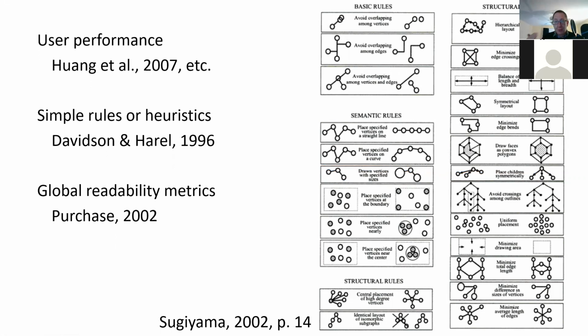So we put these heuristics into our algorithms. When we're doing this layout, how they weight or choose what the graph layout should look like is based on these rules, such as if you have a layout, try and make it symmetrical, things like that.